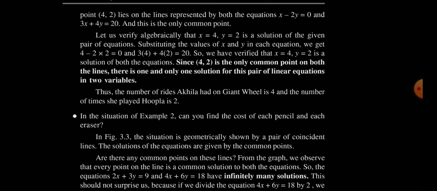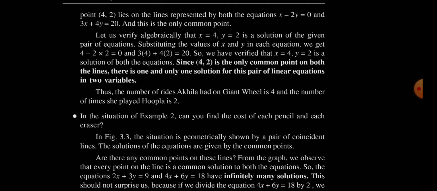Let us verify algebraically that x is equal to 4 and y is equal to 2 is a solution of the given pair of equations. Substituting the values of x and y in each equation, we get 4 minus 2 into 2 is equal to 0, and 3(4) plus 4(2) is equal to 20.